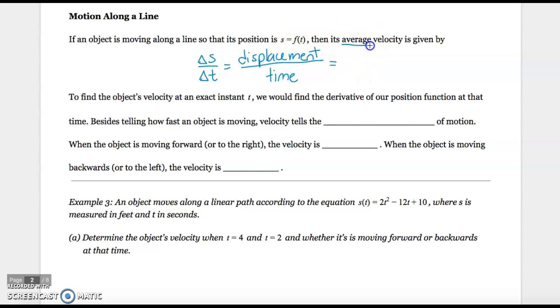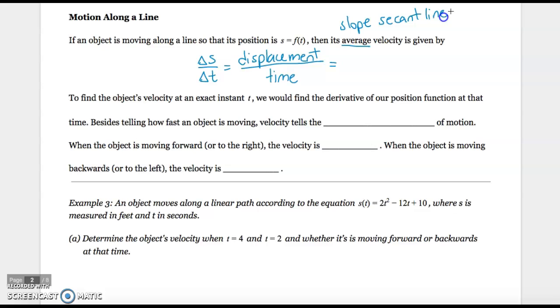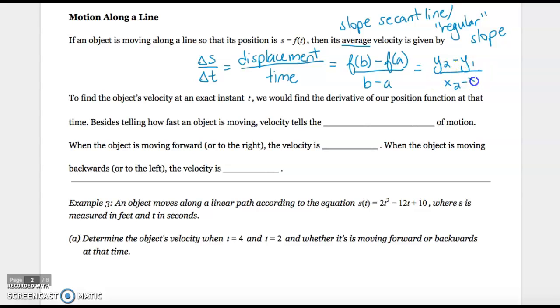Because average means you're finding the slope of the secant line, or AKA, we'll put it in quotation marks, your regular slope formula. So it would be f of some time period, so f of b minus f of a over b minus a. We're more often used to, at least in algebra, seeing this as y2 minus y1 over x2 minus x1. So that would be average velocity.